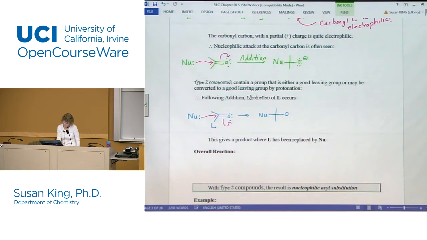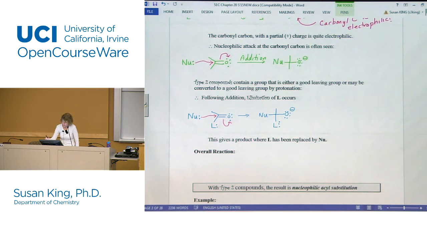Except now we've got to add an L here, so go ahead and add that L. And I'm just going to put a little lone pair on L to show that that's a lone pair and a potential leaving group. So kick electrons up onto oxygen, we get negatively charged oxygen, and then we have this group L that can be a leaving group.